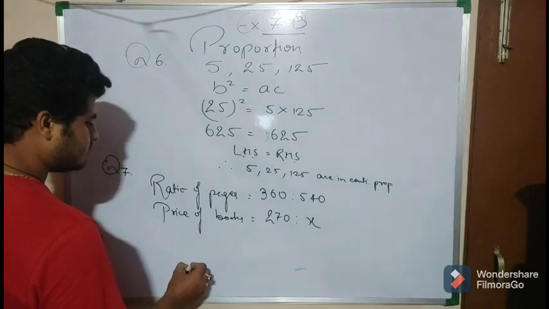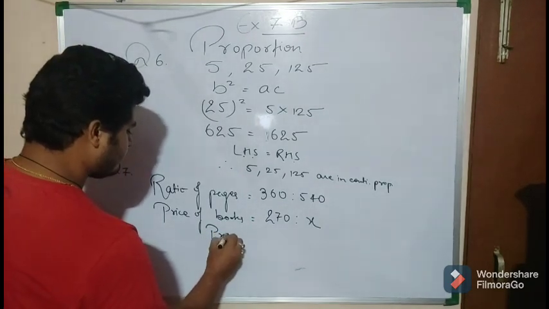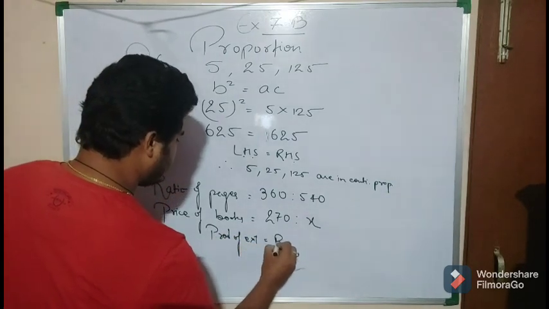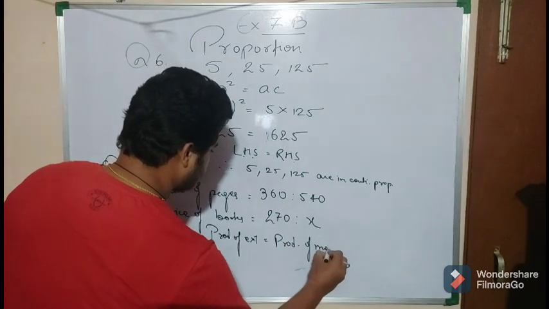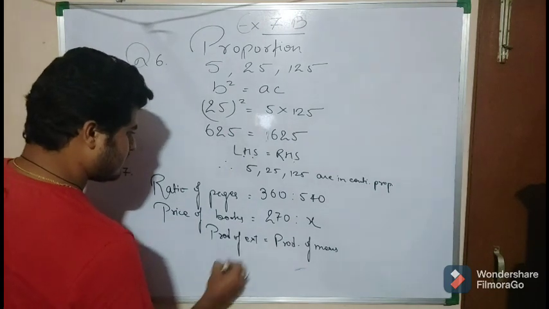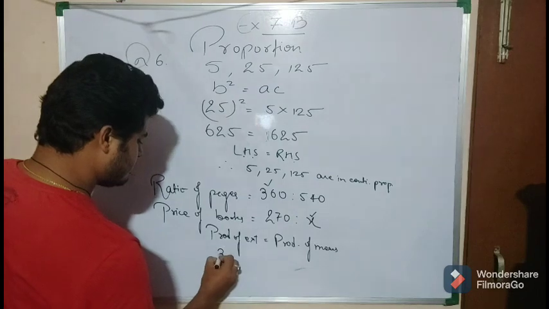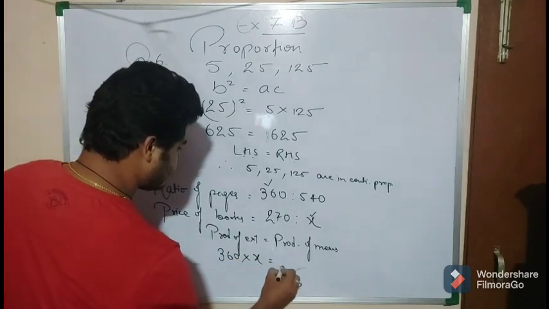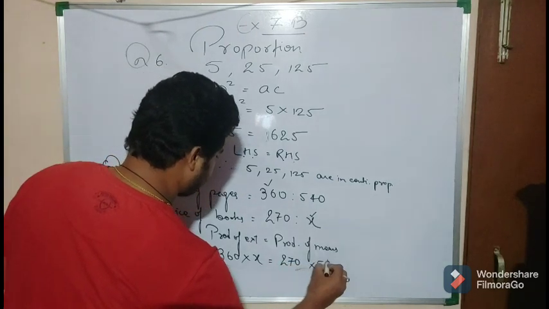According to proportion, the product of extremes should be equal to the product of means, which means that the extremes are 360 and x. So 360 multiplied by x is equal to 270 multiplied by 540.